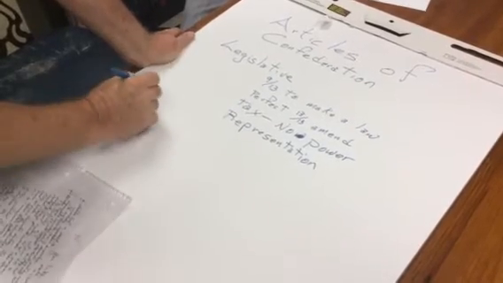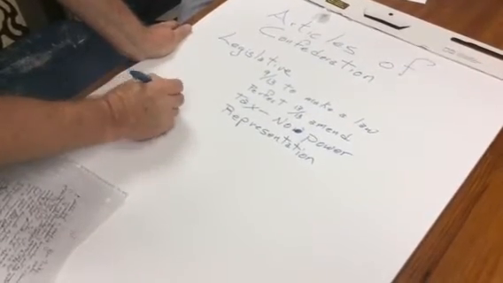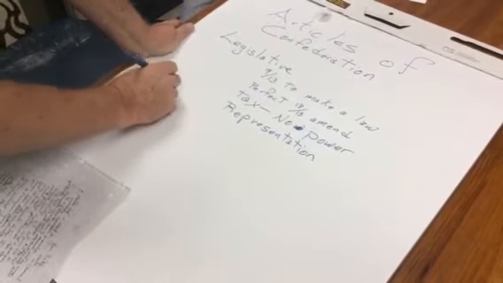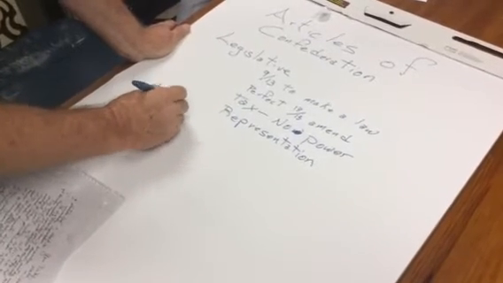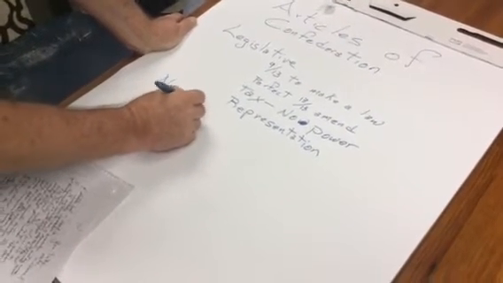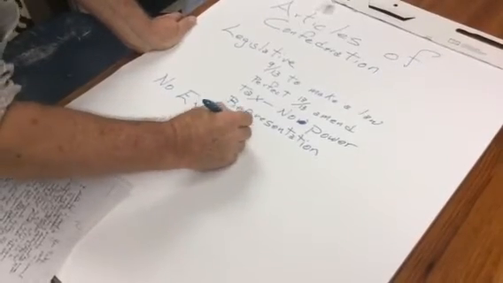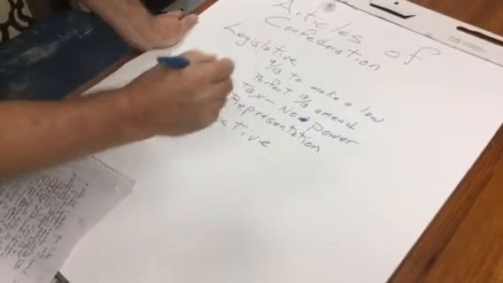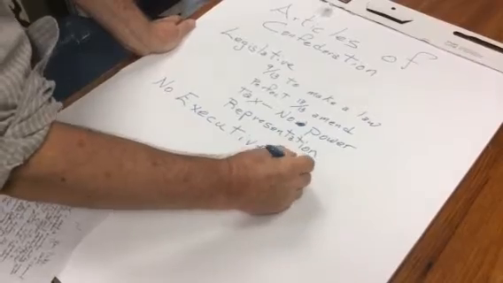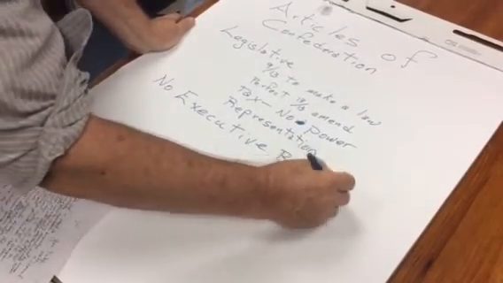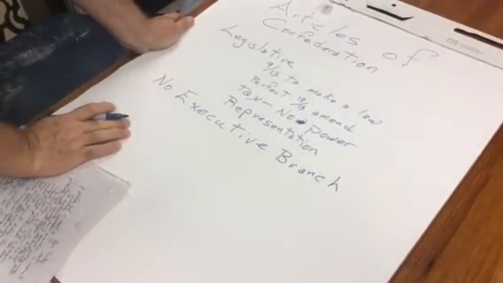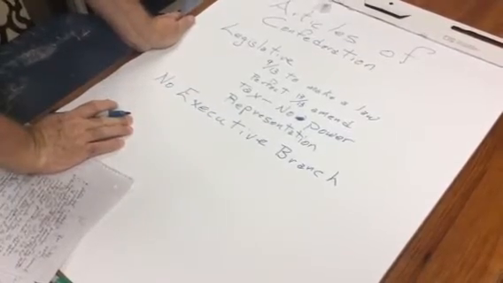In the laws that were made, the federal government had no executive branch, so they could not enforce their laws. There was no president, no FBI. Hence, all the laws amounted to were really strong suggestions.